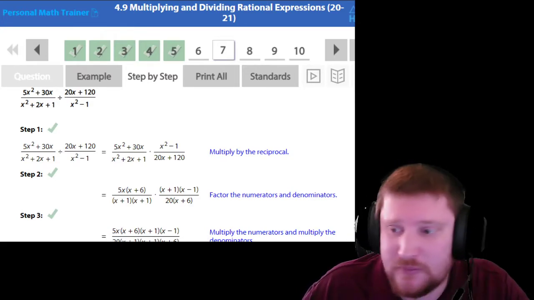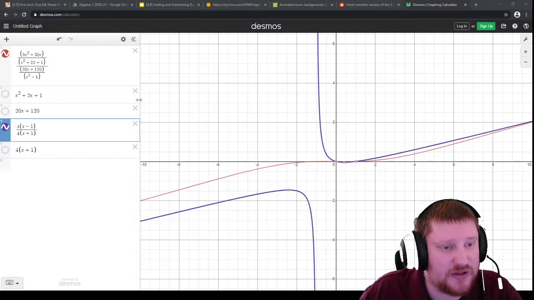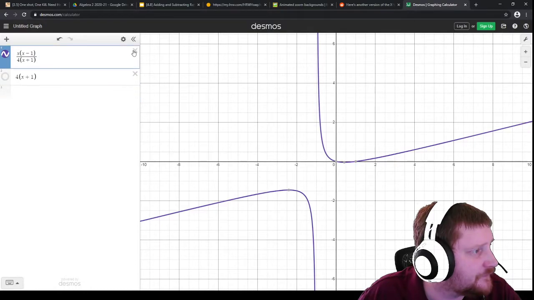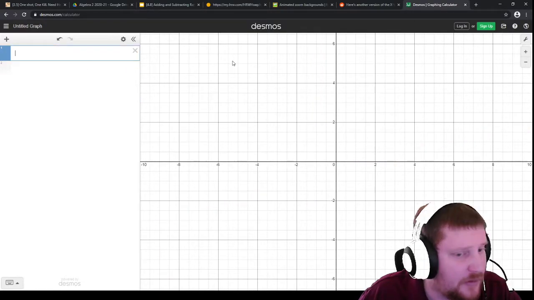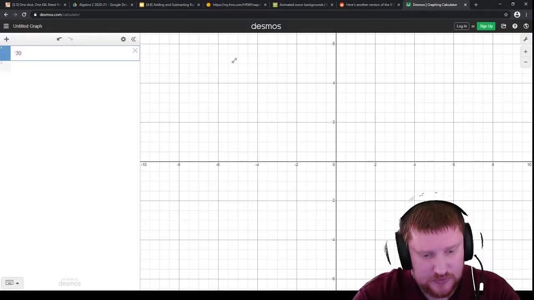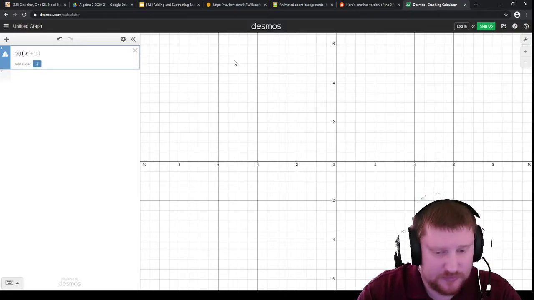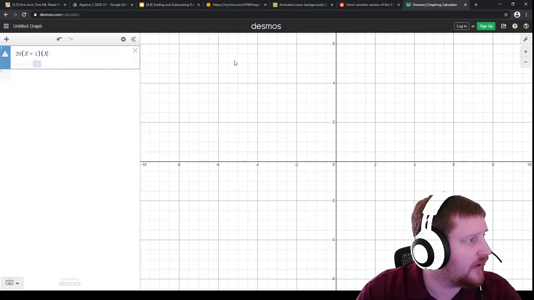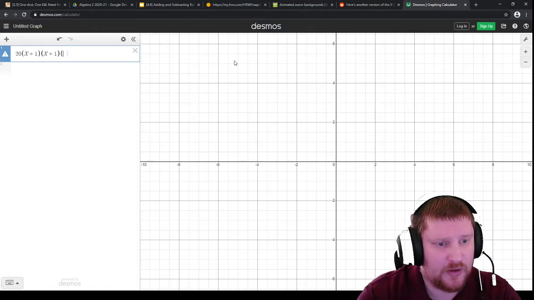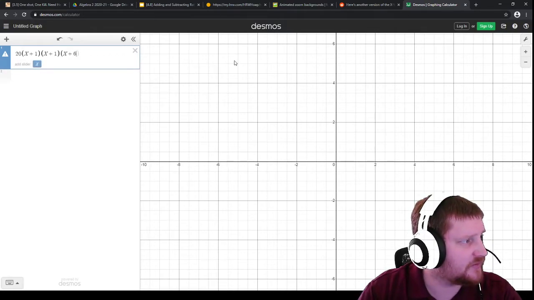Let's go back to Desmos and try just plugging in what they have as the denominator. So that would be 20 over x plus 1, x plus 1, x plus 6.